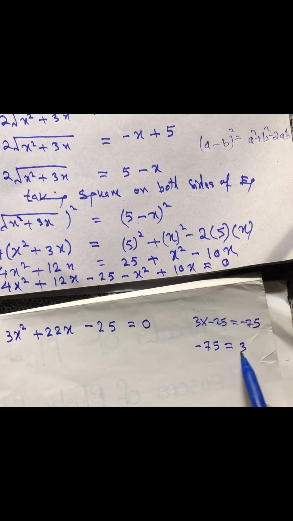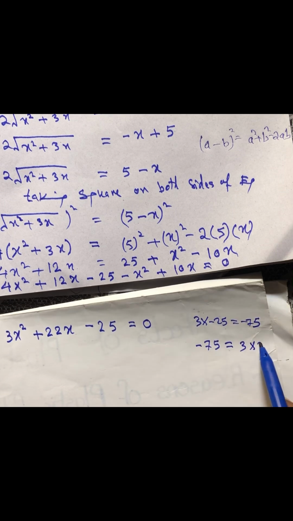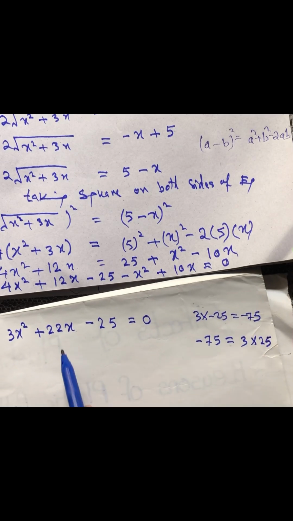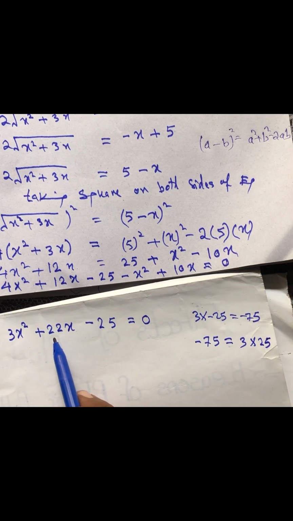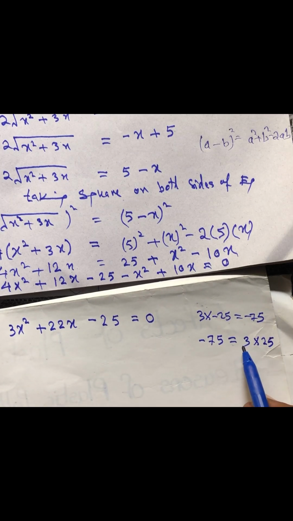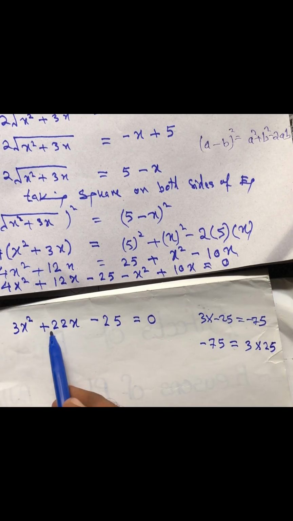So 3 multiplied by 25, one number has to be minus. We see here 22 is in plus form. So if we put the minus sign with 25, then by adding them it will be minus 22.